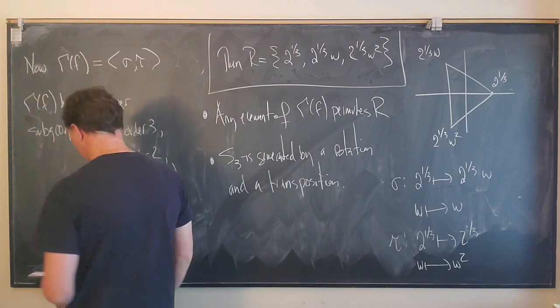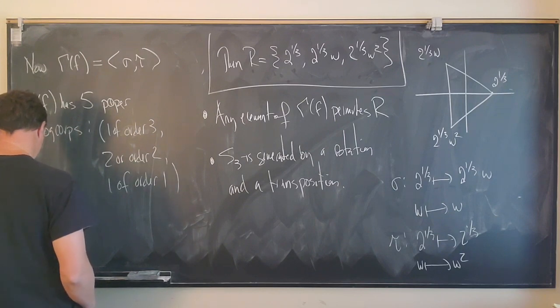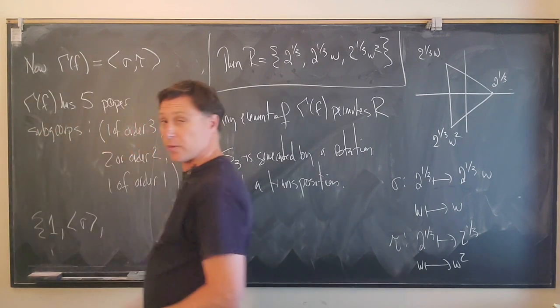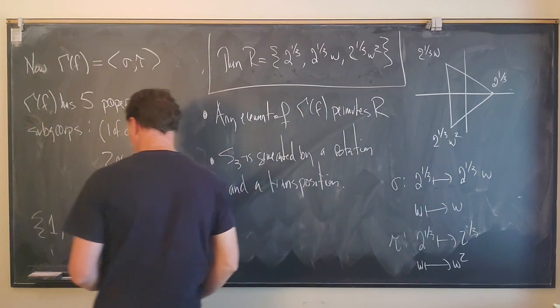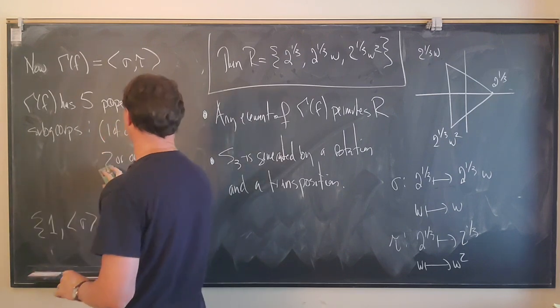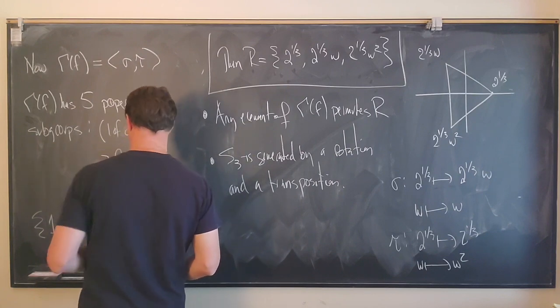And here they are written out in terms of the generators. They are the trivial subgroup. This one has order 3, because sigma is our rotation. Then we've got 3 of order 2.